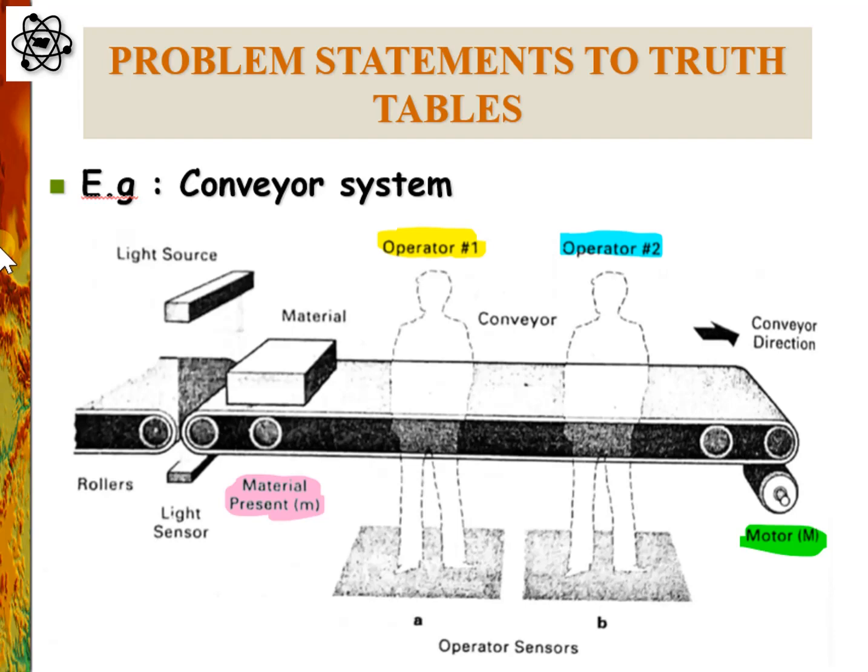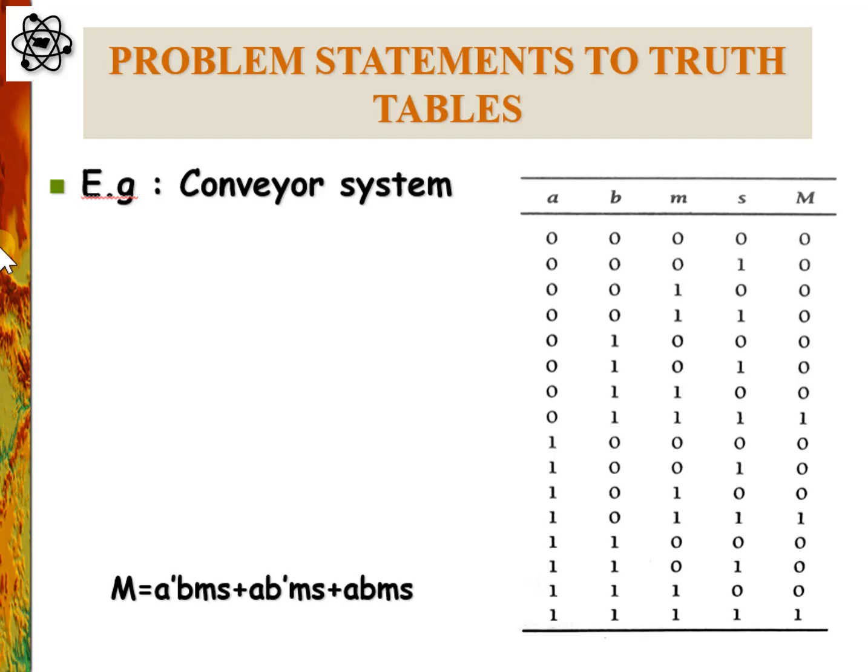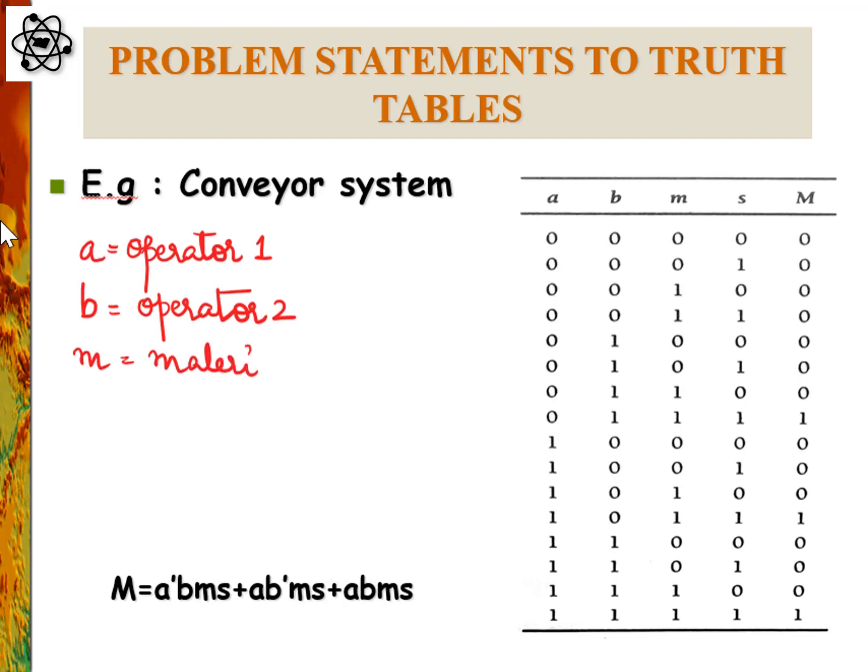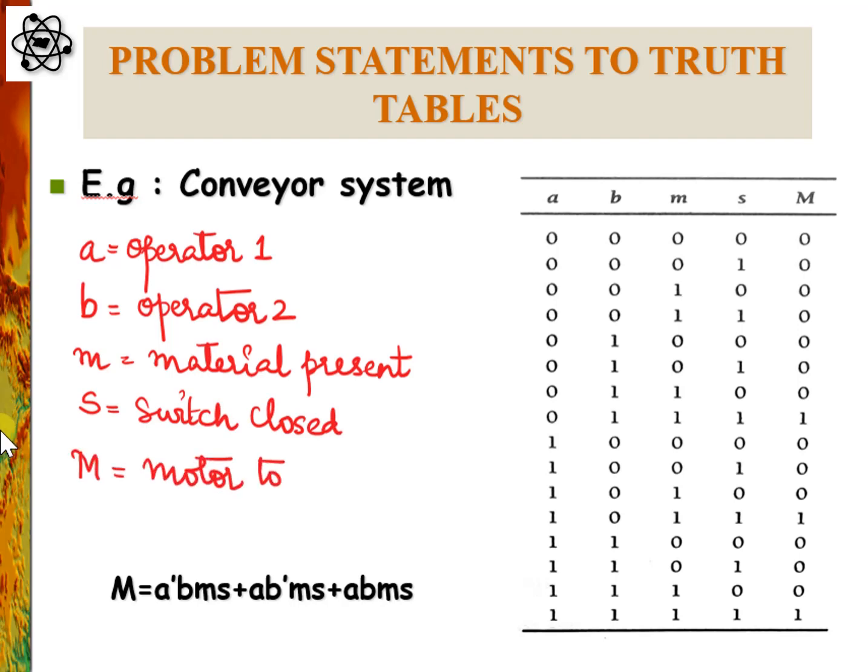As we need to express the input and the output variables in terms of binary, we need to consider the variables either as logic 1 or logic 0. So here I am going to consider A to be operator 1, B the operator 2, small m the material is present, S the switch is closed, and capital M, the motor is on.